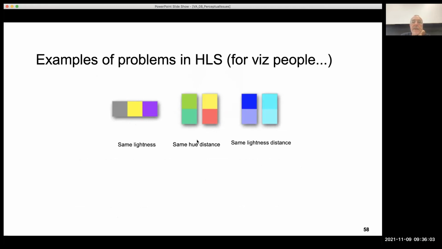These colors have the same distance in hue. They have the same difference in lightness, but you don't perceive it as the same. They seem similar here, and here they are totally different. Even if they have the same lightness, and you want to use color to encode numbers, a scale of numbers.